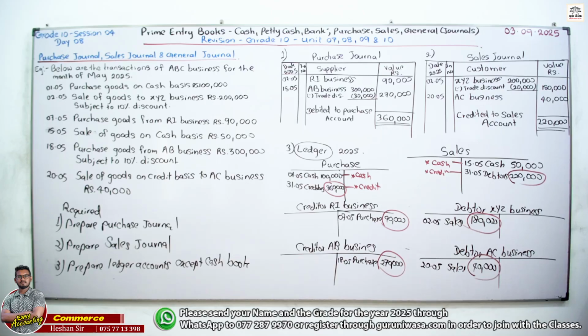One primary book pending. General journal. Lisara and Abdul.